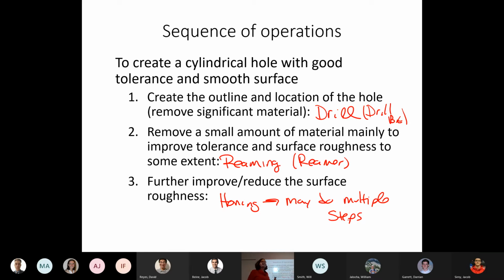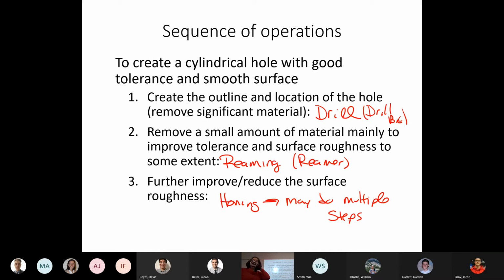They were cast as a sleeve, so we didn't have to drill. We might do a little reaming, although sometimes we didn't need to do that, and we would go to honing and really get that very smooth surface. And that smooth surface gave us better bonding.